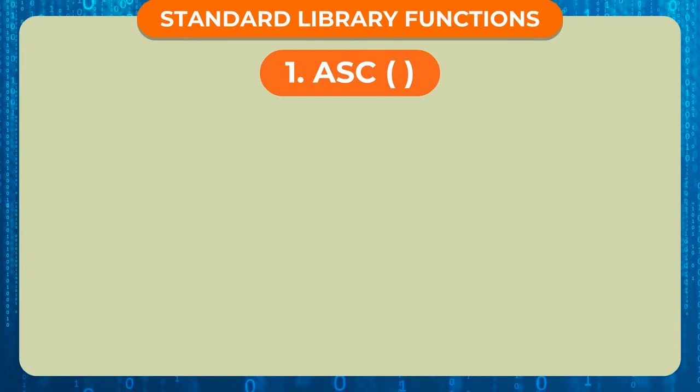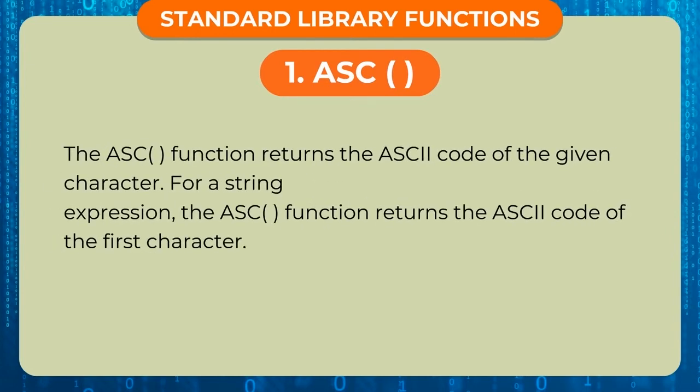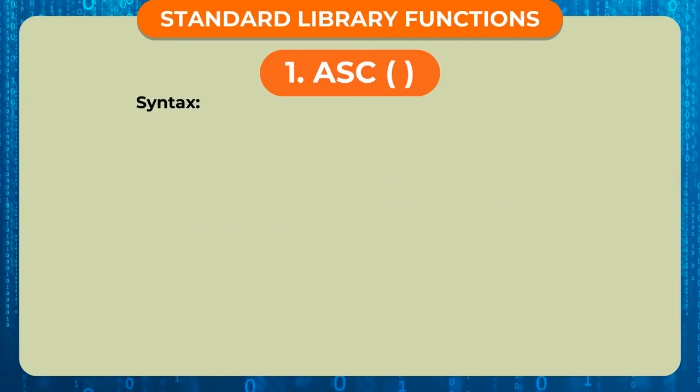ASC function. The ASC function returns the ASCII code of the given character. For a string expression, the ASC function returns the ASCII code of the first character. Syntax. ASC(A$), where A$ is a string.